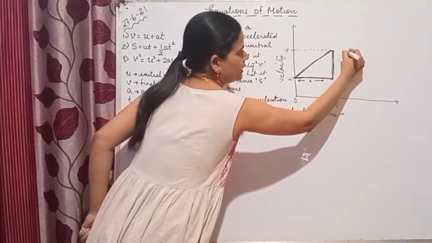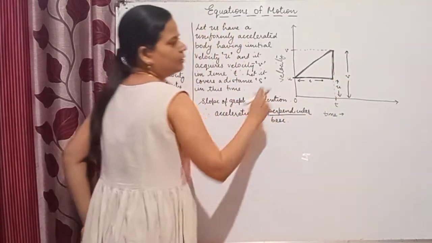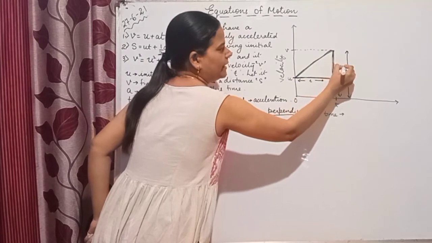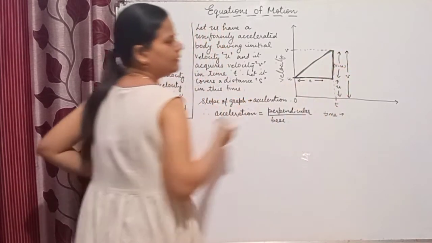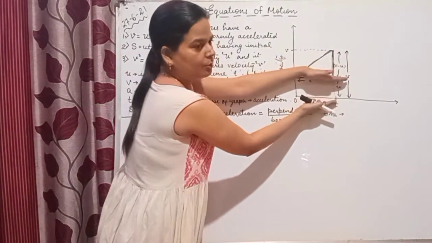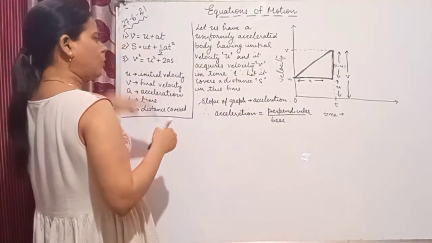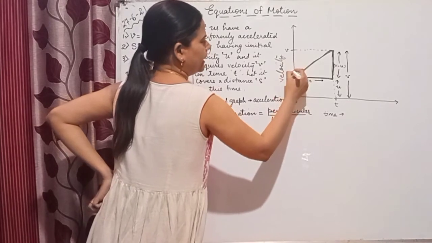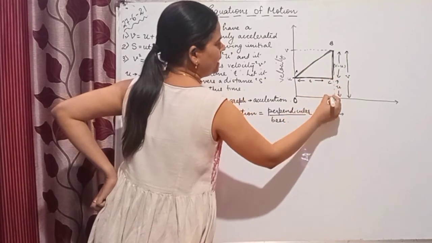So this remaining distance can be taken as v minus u, because this whole is v, this much is u, so this will be v minus u. Let us give names to all these points. Let it be O point, let it be A point, let it be B point, let it be C, and let it be D.